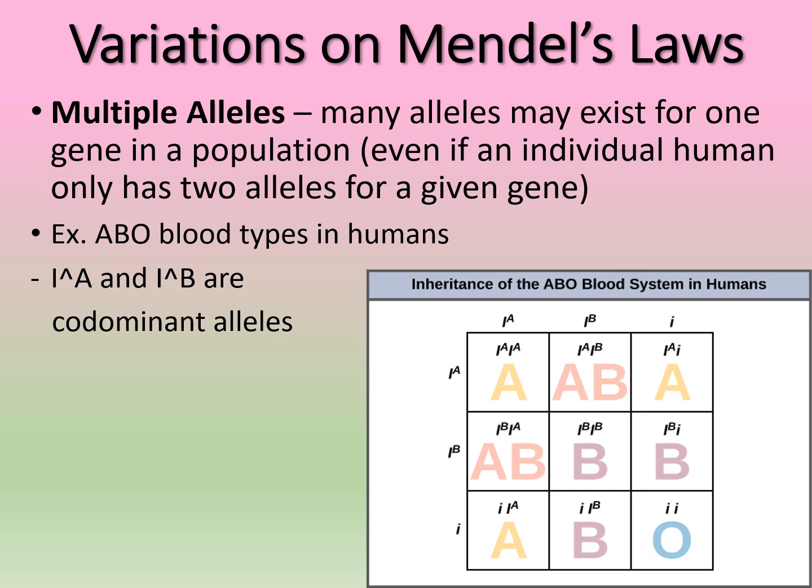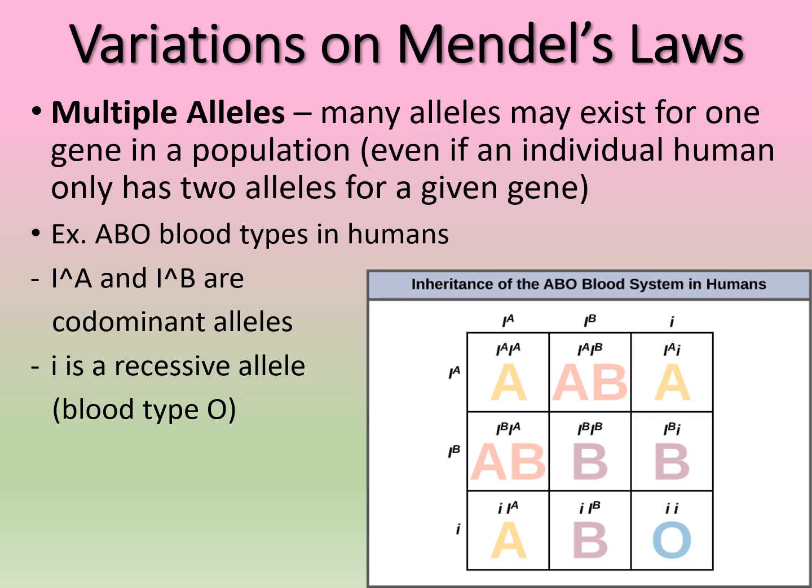Okay, so you either have IA or IB, and those are both dominant. Okay, or you can have a little i, which is a recessive allele. And so if you have little i, that's how you get O.